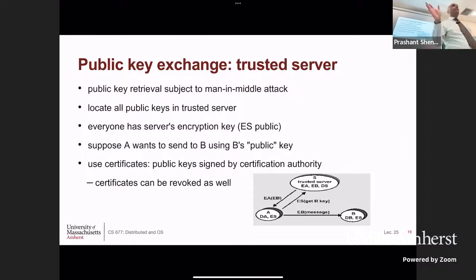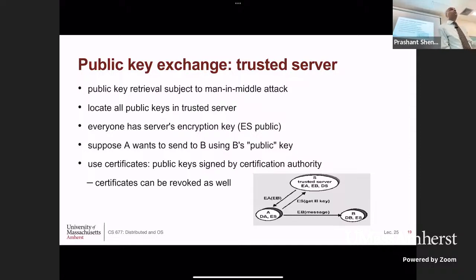All that the certification authority has done is sign the key, which means encrypted the key with their private key, and then sent it out. So that's what a certificate does. A certificate is nothing but a certification authority encrypting a string, which is somebody's public key and their name, with the certification authority's private key. And the public key is already assumed to be known.